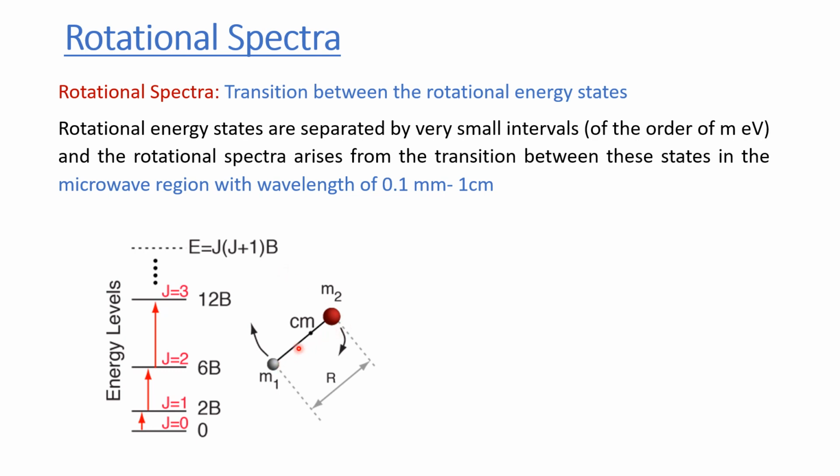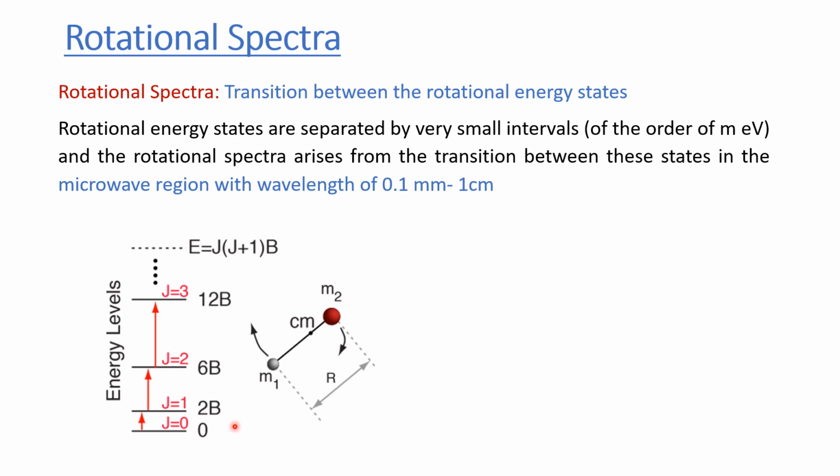Here we have two atoms of mass m1 and m2, interconnected and rotating about the center of mass with different energy. It depends upon their speed of rotation, or you can say the angular velocity. If the angular velocity is higher, the rotational energy is higher, and if the angular velocity is lower, the rotational energy is lower.